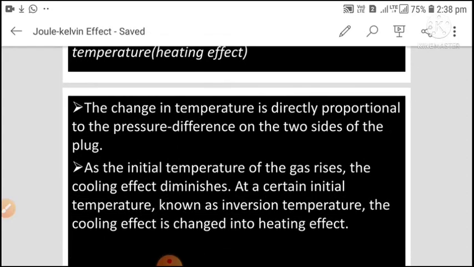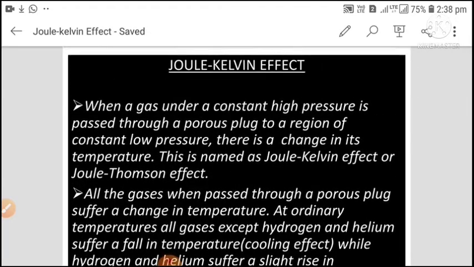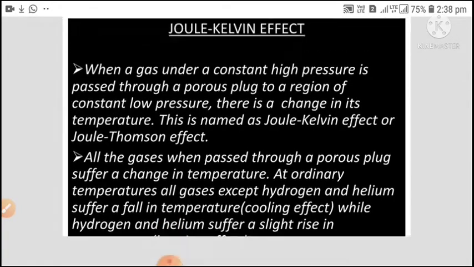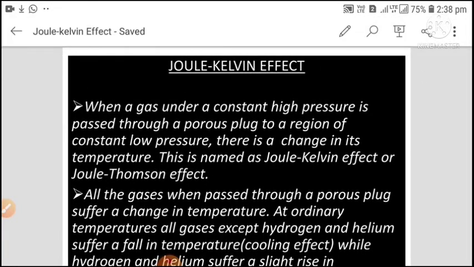So this is the completely theoretical explanation. Let us see the expression for the Joule-Kelvin effect, and where we can find the equation for the coefficient of the Joule-Kelvin effect.